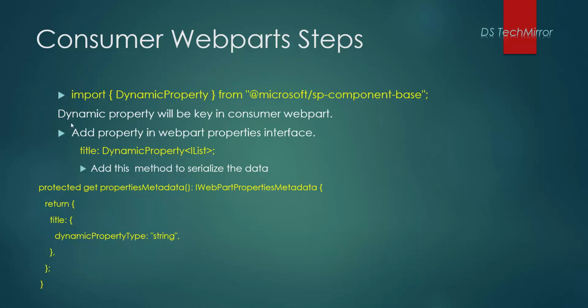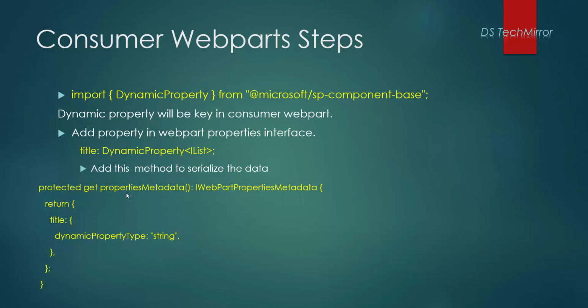After importing this, as I mentioned in my slide, this dynamic property would be the key in the consumer web part. Then I will add one property in the web part properties interface to grab that value. In my case, it would be title, because my source web part would pass that title. So I will create one property of type dynamic property.